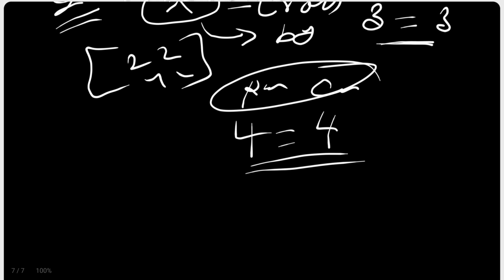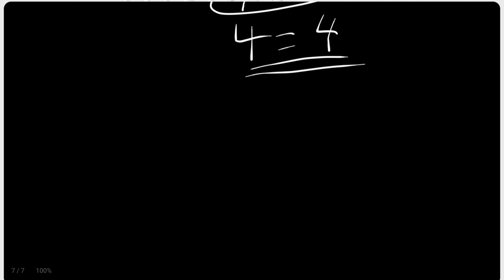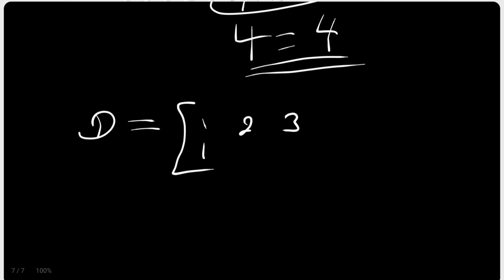Don't be confused. I want to make everything clear here. I am going a bit slow because you will understand better. Let me explain some questions. Suppose this is matrix D, with the question given: 1 2 3 and 1 2 3. I'm asking you, is it a square matrix?